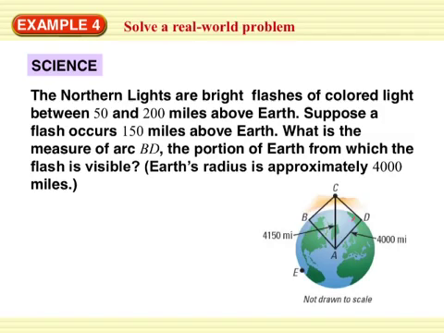So we've learned that here we have a right angle, right? We know this amount, we know this amount, we do not know this amount. But do we really need to know that amount? No. We're trying to figure out what this angle is so that we can figure out what this arc is.